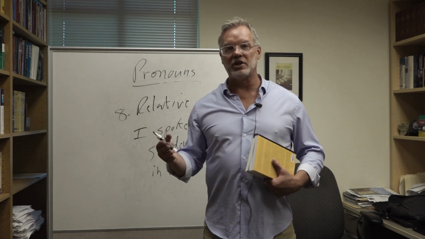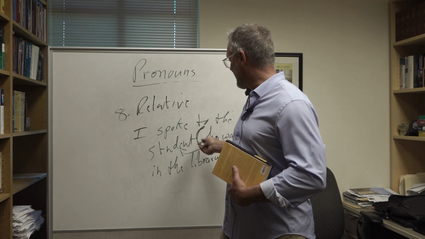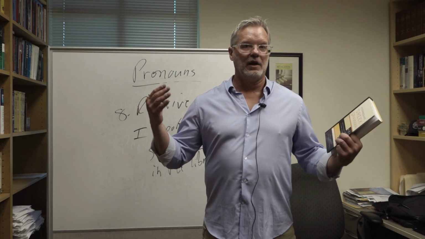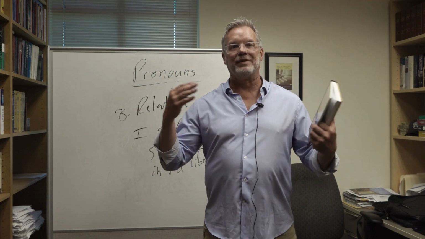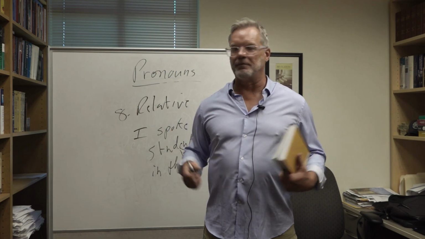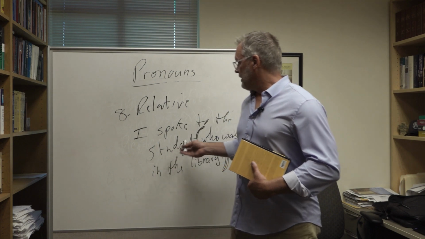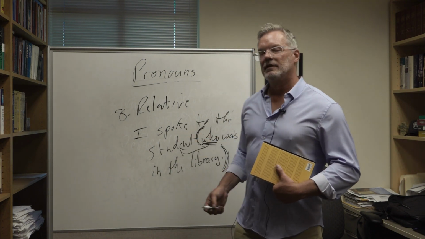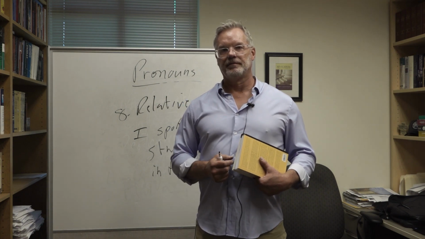If it's the subject, it will be nominative. If it's the direct object, it will be in the accusative. If it's an indirect object, the dative case. If it's possession, the genitive case, or something like that. The gender and number will always be determined by the noun that it modifies.